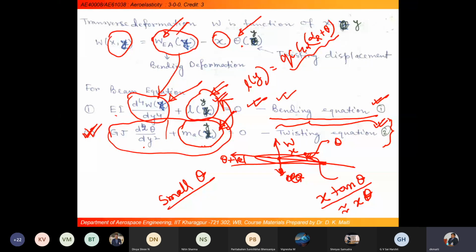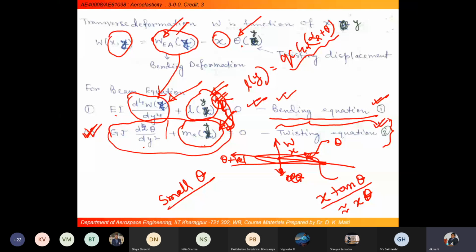The argument I am giving here to ignore the first equation will not be valid for certain conditions. That is basically the swept back wing, where bending and torsion will be coupled. In a straight wing, as bending does not induce any additional torsional deformation, we can decouple the second equation from the bending equation, whereas the bending equation is dependent on the torsional equation.